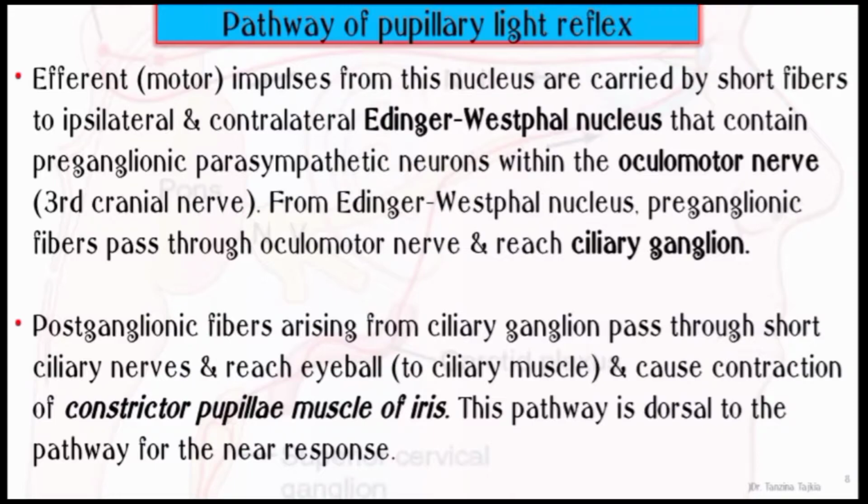Postganglionic fibers arising from this ganglion pass through the short ciliary nerve and reach the eyeball, that is, the ciliary muscles, which causes contraction of the constrictor pupillae muscle of the iris. This pathway is dorsal to the pathway for the near response.